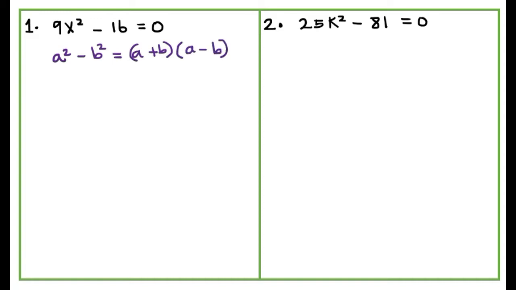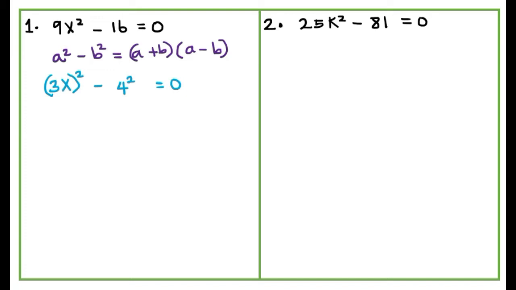So we will use this to factor our quadratic equations. Now in this case, let us write 3x squared for 9x squared, and we write 4 squared for 16. It is equal to 0.